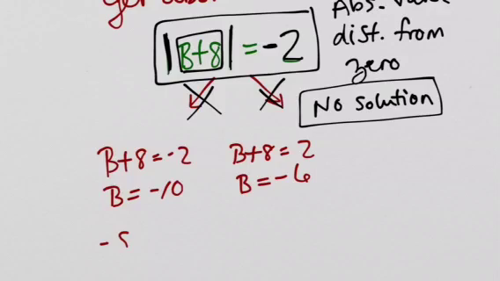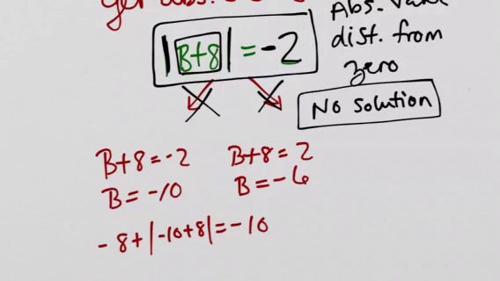What I get is -8 plus the absolute value of -10 plus 8 equals -10. That's what it would look like for the first one. The second would look very similar, but I'm going to plug in -6.